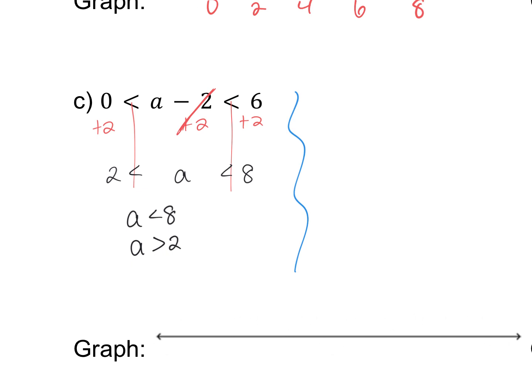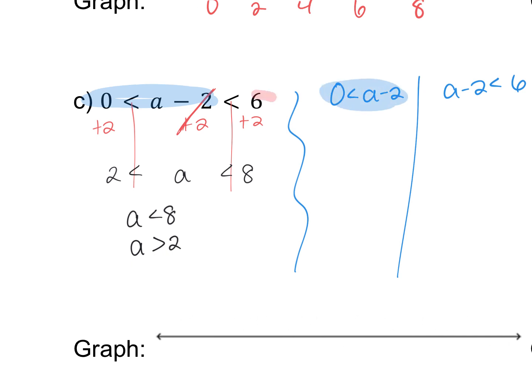So let's break it up. So we have 0 is less than a minus 2. That's one side. And then we have a minus 2 is less than 6. So all I did right there is I just said, okay, here's one half, I'm going to put it right there. Here's the second piece, I'm going to put it right there. And now I'm going to solve them.